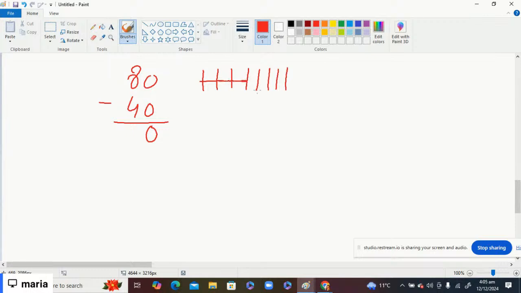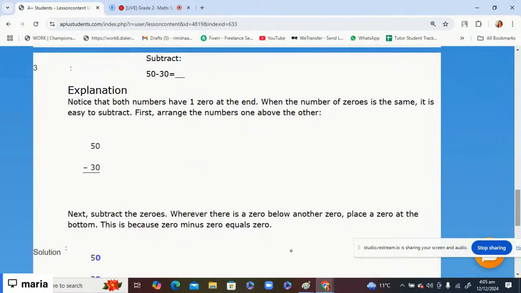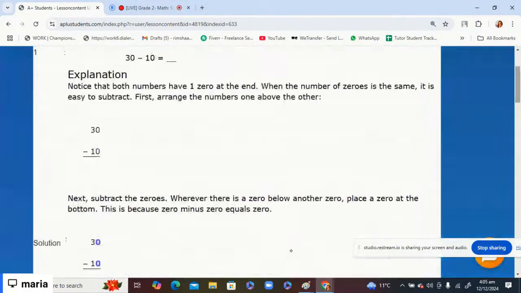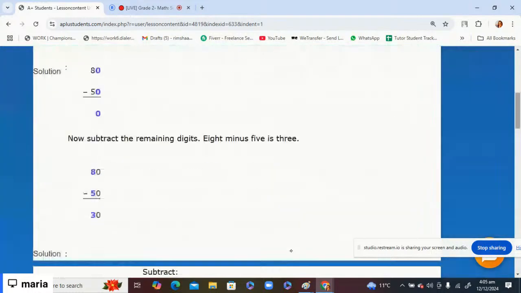How many lines are left? 1, 2, 3, and 4. So putting 4 here. That is 40.